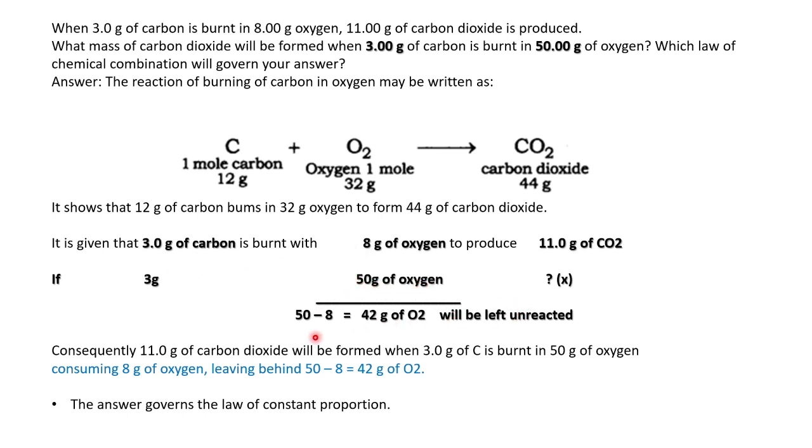The oxygen consumption will be the same amount. So 50 minus 8, we get 42 grams of oxygen left unreacted. So the answer is governed by the law of constant proportion.